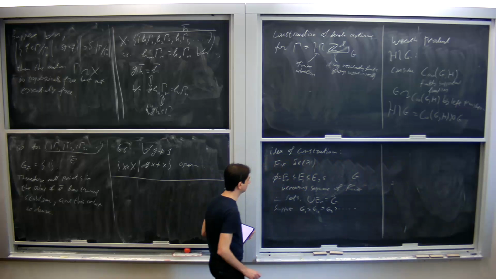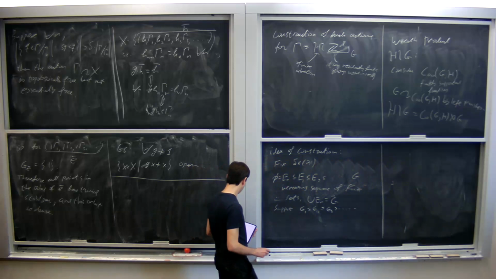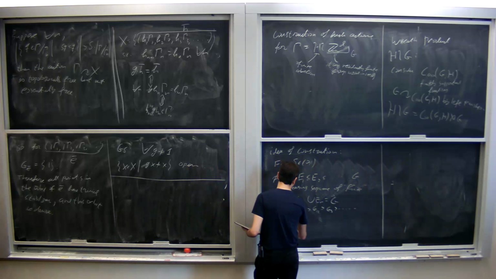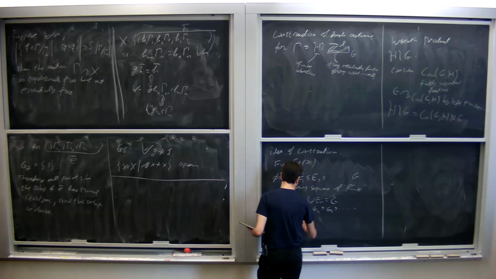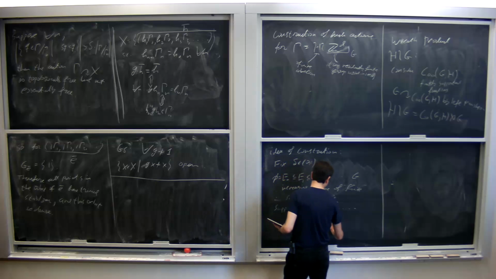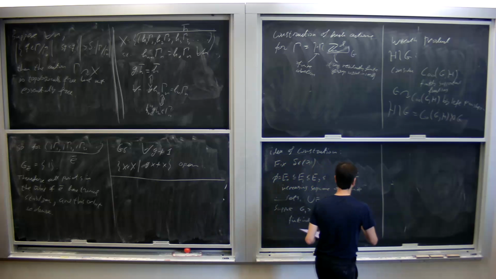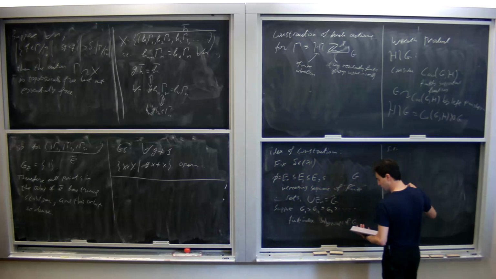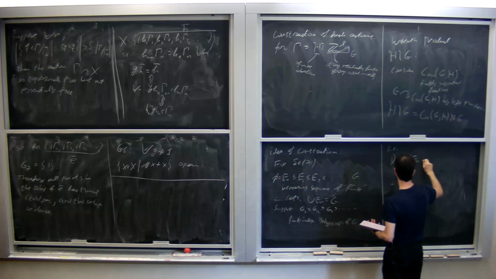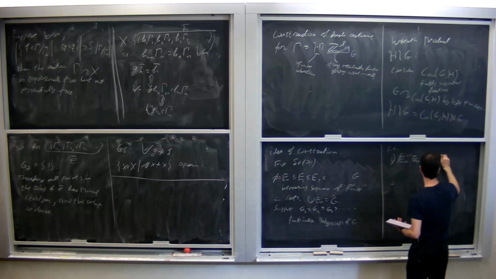So suppose we have this decreasing sequence of subgroups of G, finite index subgroups of G, such that they have the following conditions. First of all, we'd like E_n inverse E_n. Okay, I'm not assuming it's abelian. We want this intersect G_n to be trivial.